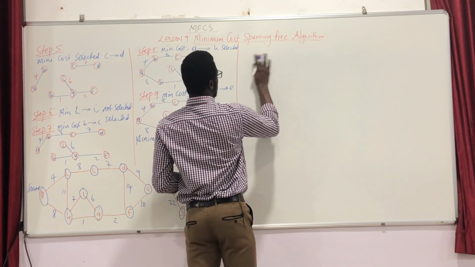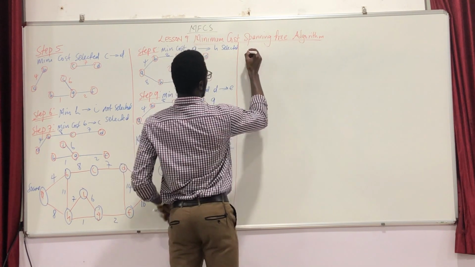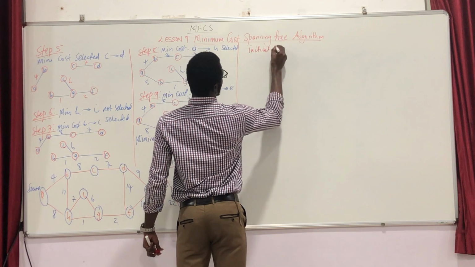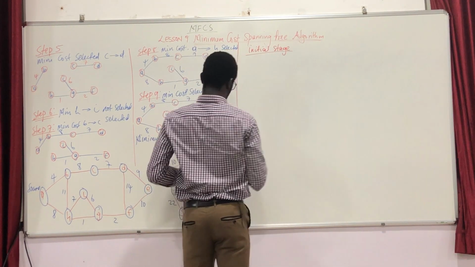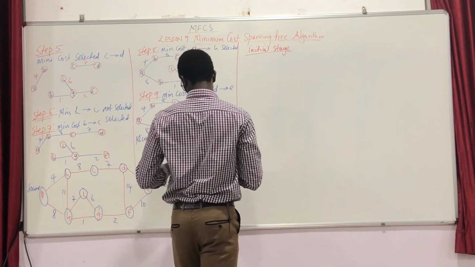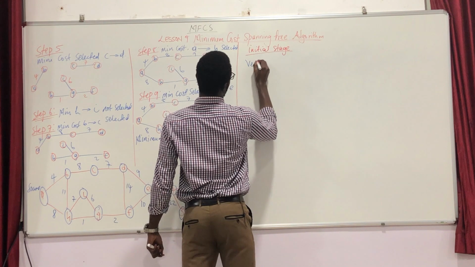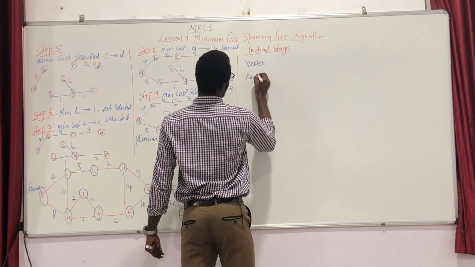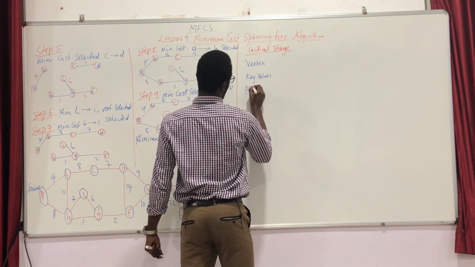So this is the initial stage. Before we go to step 1, we say initial stage. This is our initial stage. So we have here vertex, key values, and parents.